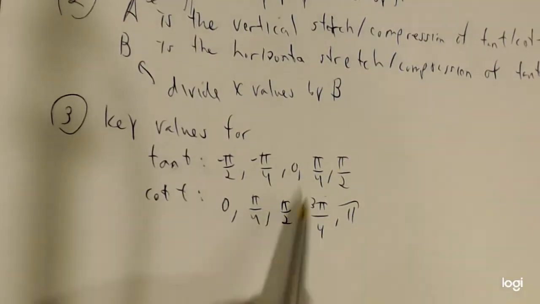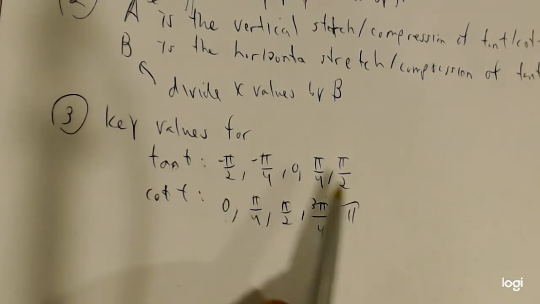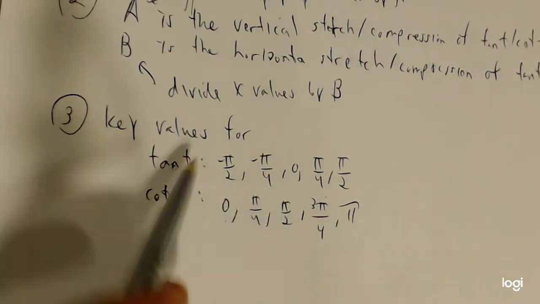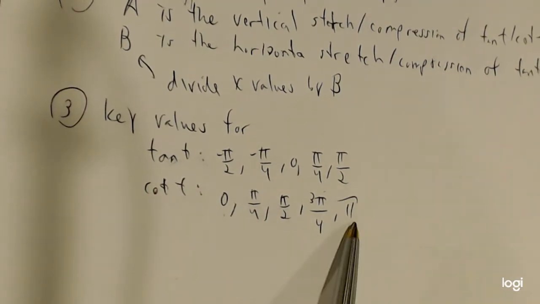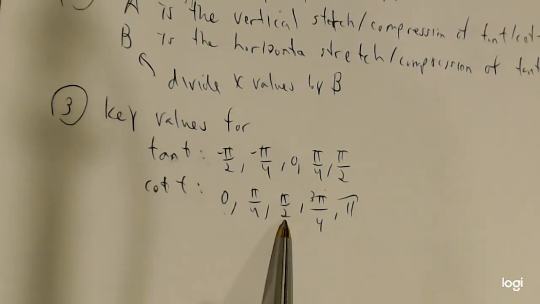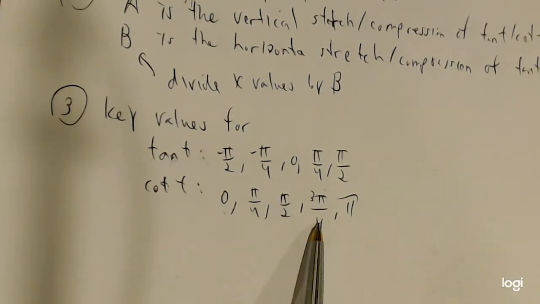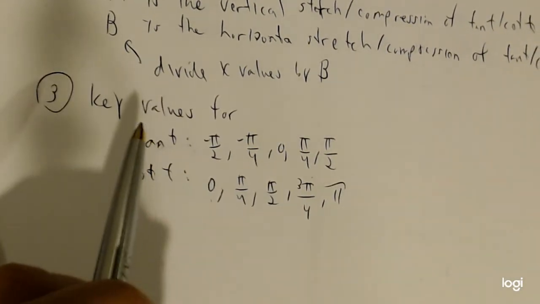Notice how we're starting from 0 and ending at pi, which is 1 full period. Negative pi over 2 to pi over 2 is a distance of pi also. So cotangent is undefined at 0, undefined at pi, 1 at pi over 4, 0 at pi over 2, negative 1 at 3 pi over 4, and so on. Okay, so just remember that.